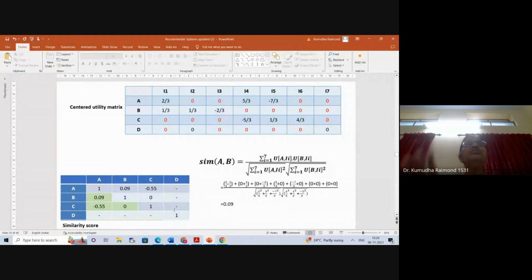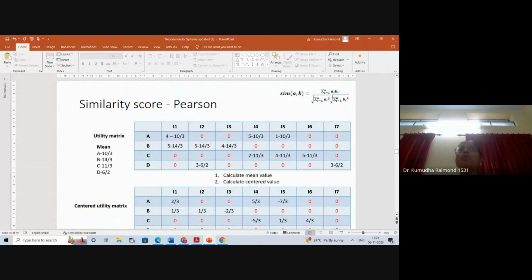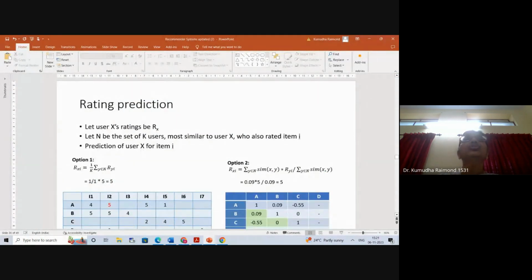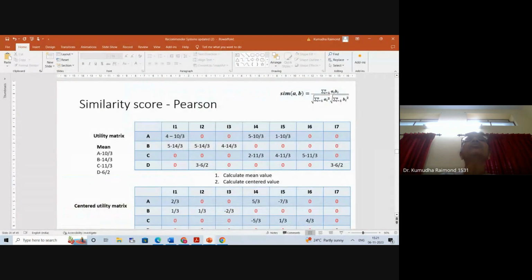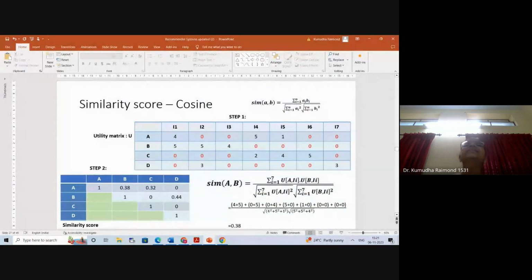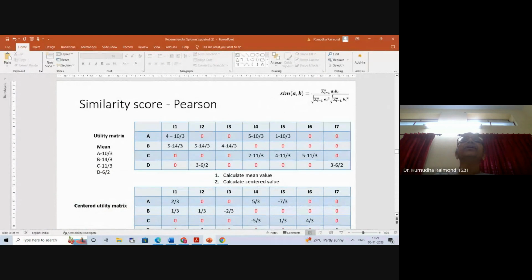It shows how similar a particular user is to other users in the entire scenario. Okay, so that is actually called the similarity score. This I will do later. So this is what your cosine similarity and Pearson similarity score calculations are.